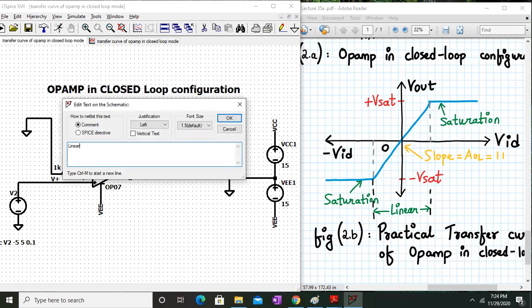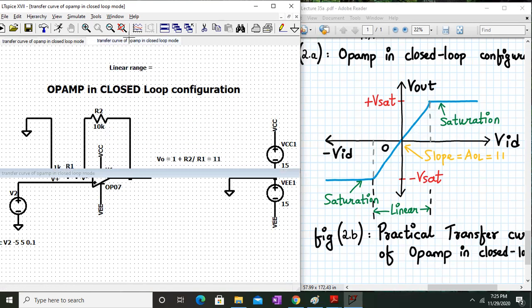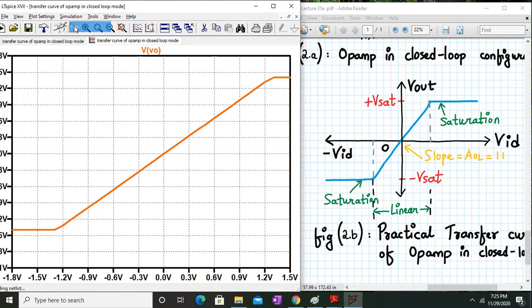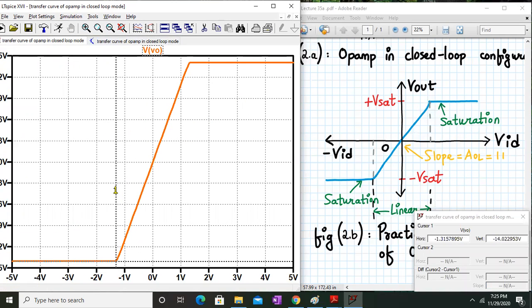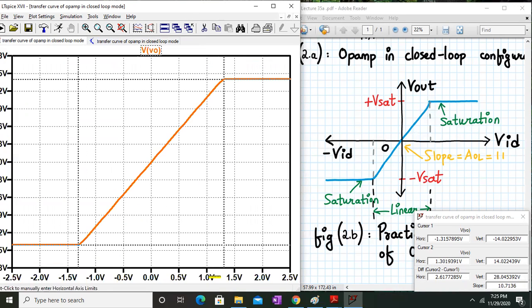So over here, the linear range which we got over here was how much was that? Let us check that again. So I'll take this cursor, place it over here at the bottom. I take another cursor and take it over here at the start. Okay. So the range over here, let me maximize this.